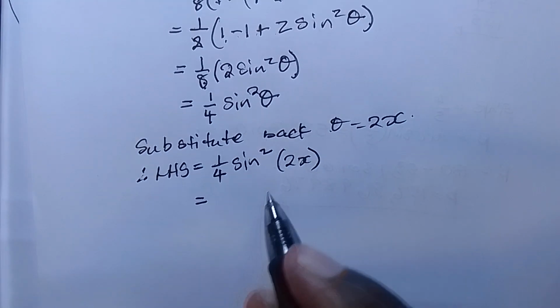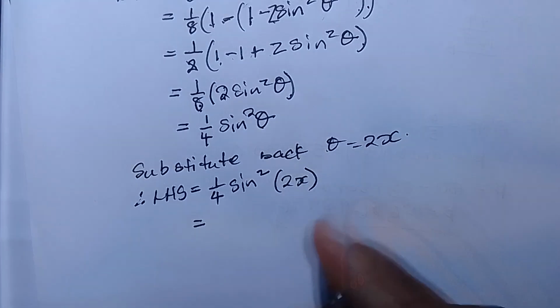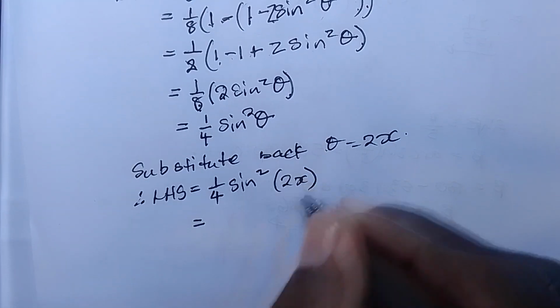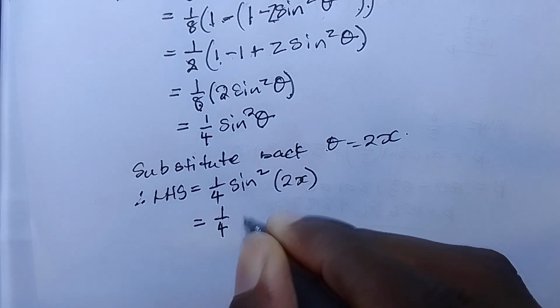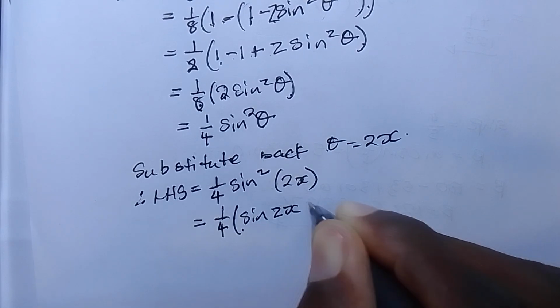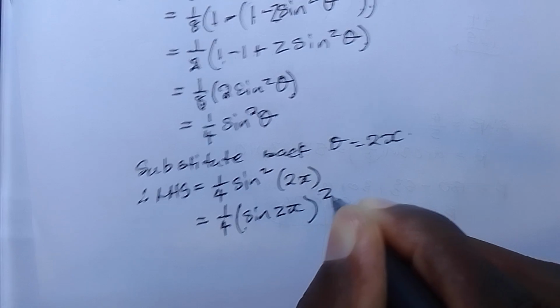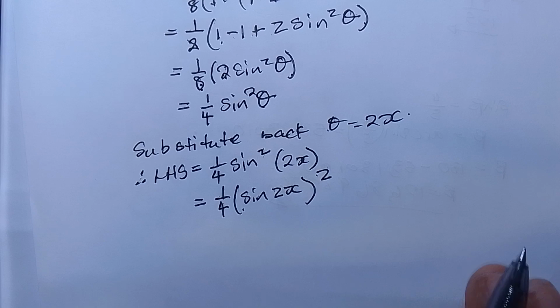Now, what we will do is we will use the double angle for sine, but let us put the squared outside first so it looks simpler, so that you don't have any problems. You have squared outside because the squared here means that you're squaring the whole thing.